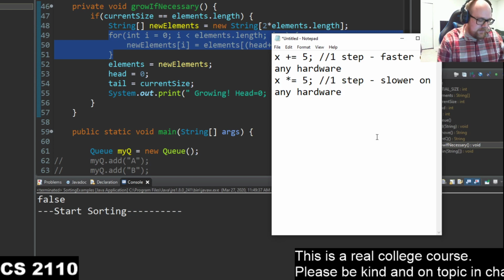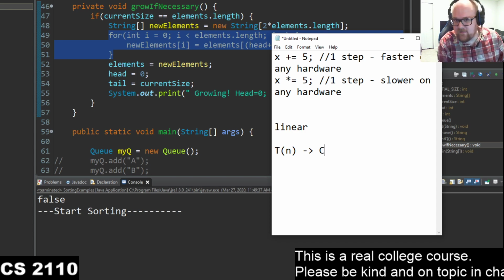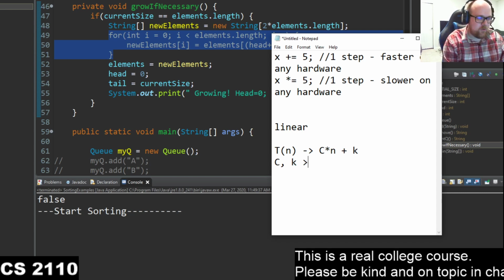What that means is that we can define the number of steps, t of n, a function for the number of clock cycles, as some constant c times n plus some other constant k, where c and k are greater than 0.